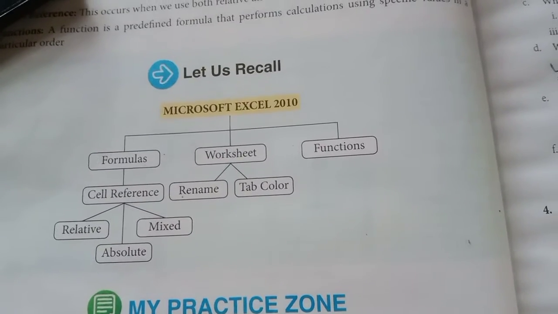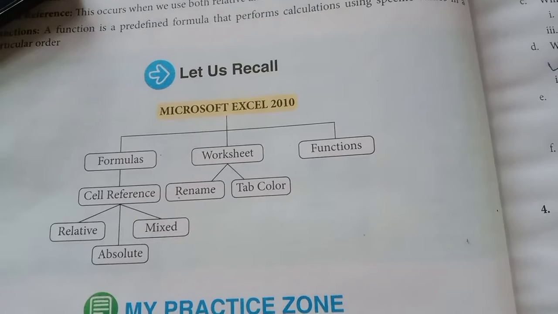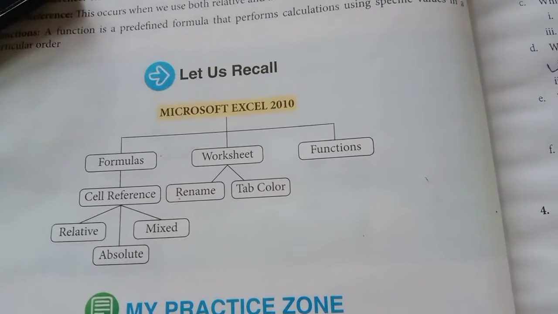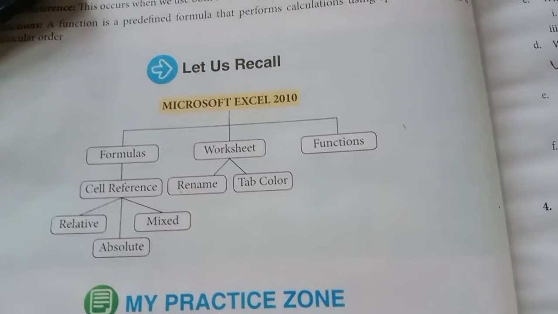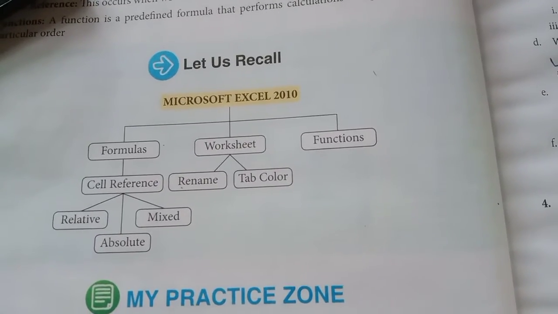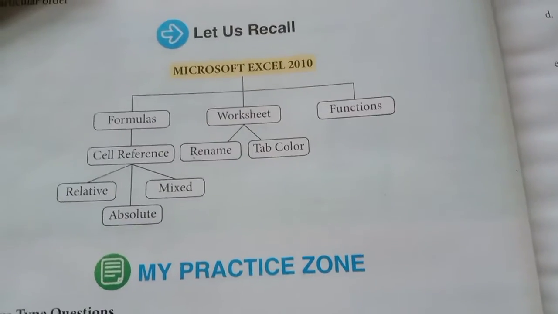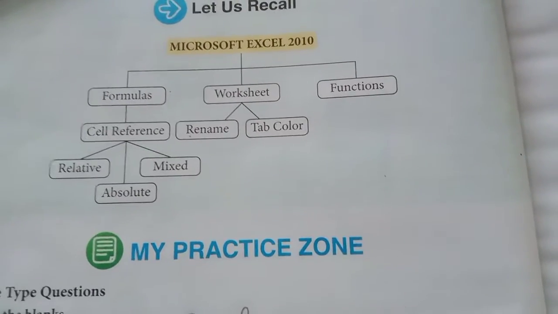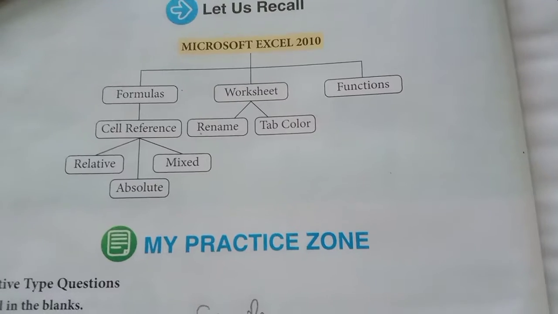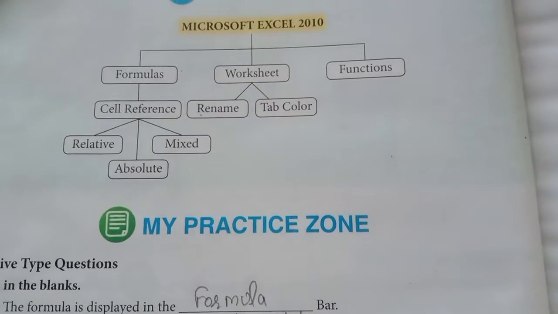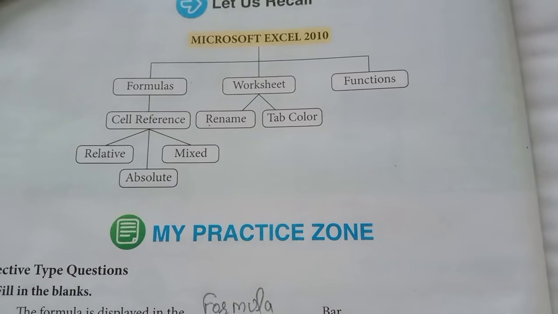Worksheets, because all the sheets in Excel are called worksheets. Functions, there are so many functions already available in an Excel sheet. You have to follow only the rules. So that's why Microsoft Excel is divided into 3 parts: formulas, worksheets, functions.